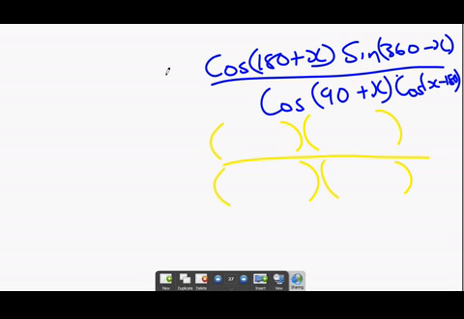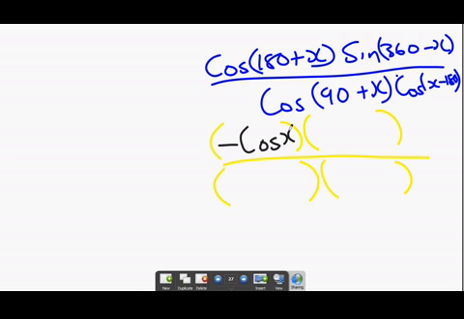Let me take my calculator: cos(180 plus 30). Remember, I use 30 on my calculator for x. I don't use x. That is giving me a negative. Because there is cos and 180, it's going to remain cos, then x there.